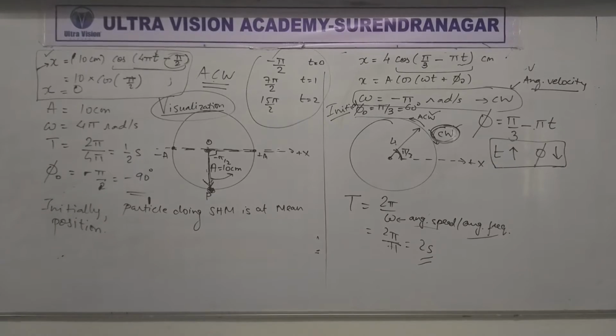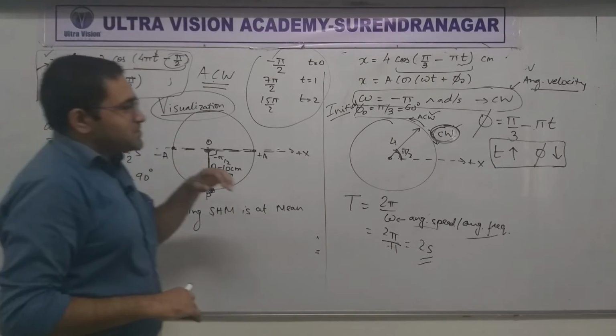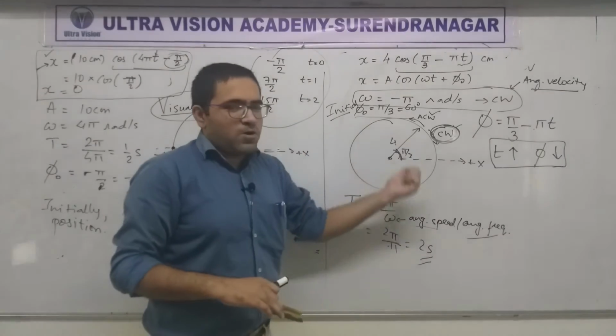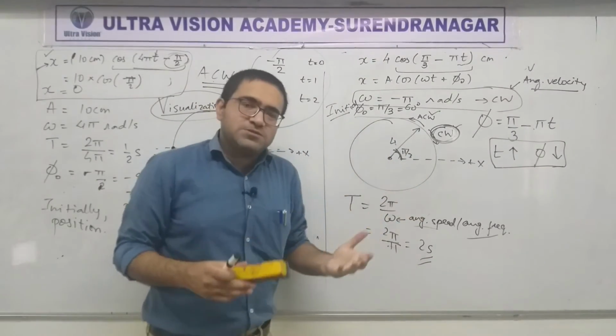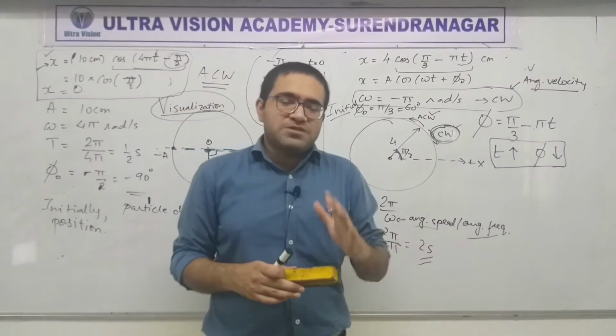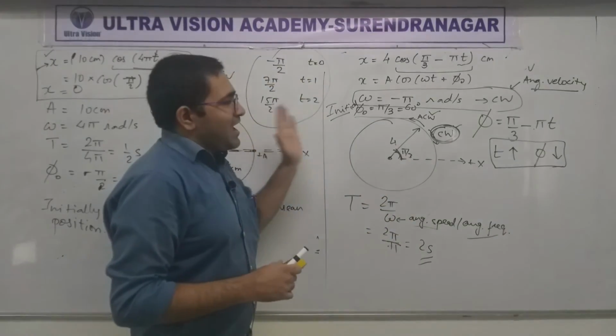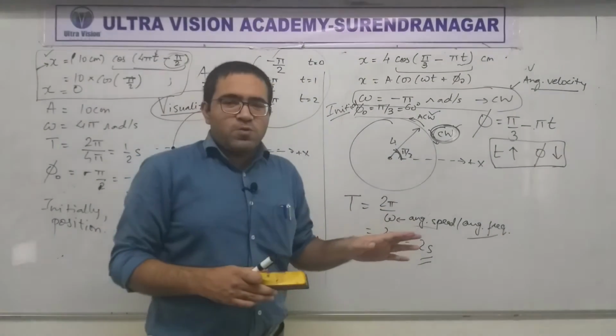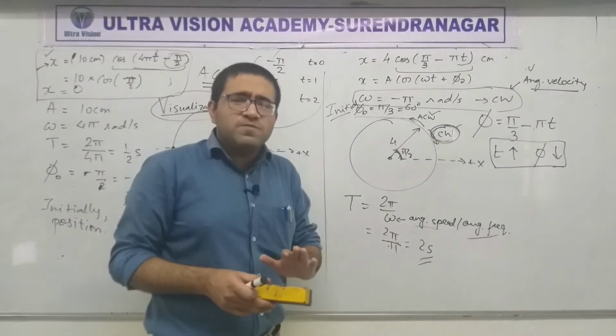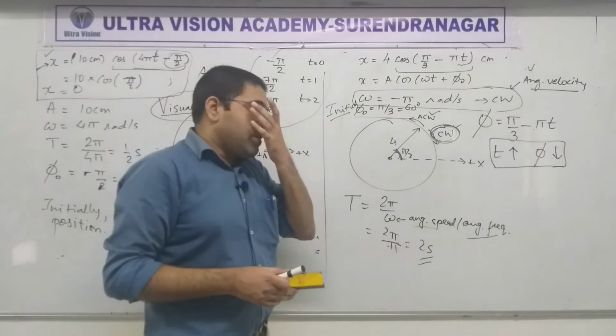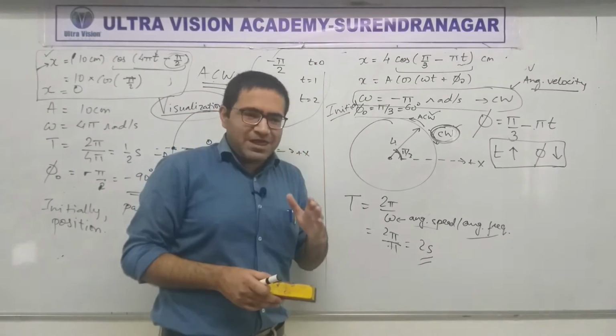So, can phasors rotate anti-clockwise and clockwise? Yes, they can. Listen to this carefully now. They can rotate anti-clockwise or clockwise. There is no problem with that. But now comes the main thing.